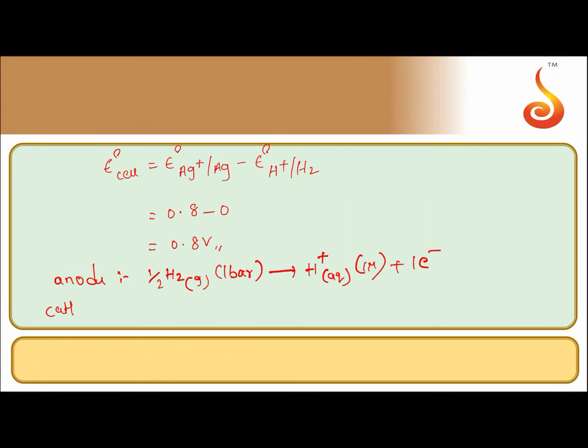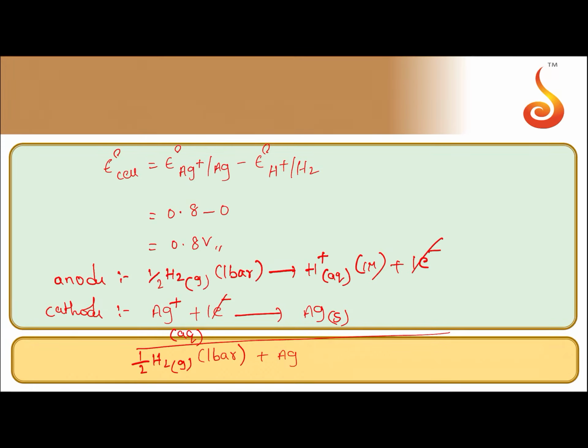And the cathode reaction: silver will undergo reduction, Ag plus aqueous plus 1 electron gives rise to Ag solid. The electrons will get cancelled. So the overall reaction is half H2 gas, whose pressure is 1 bar, plus Ag plus aqueous gives rise to H plus aqueous, concentration 1 molar, plus Ag solid.